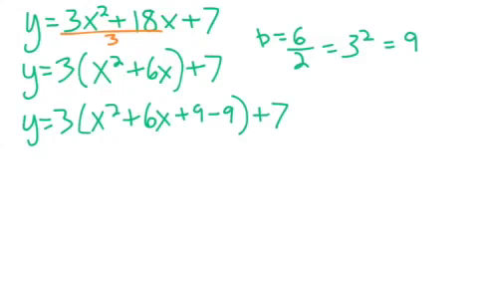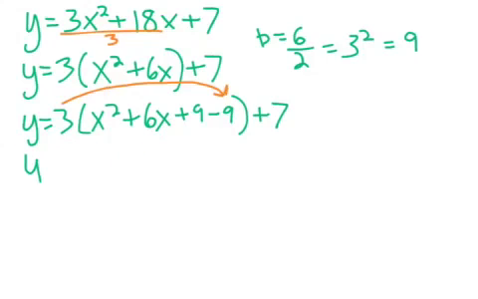Now, we know in our parentheses we want our perfect square trinomial. Right now, though, there's 4 terms. So this negative 9 needs to get moved out. But everything in parentheses is being multiplied by 3. So in order to move it out, we're going to have to first multiply it by 3. So I'll start copying things over again.